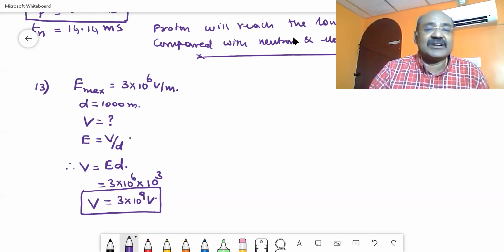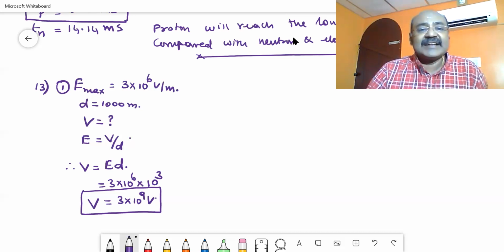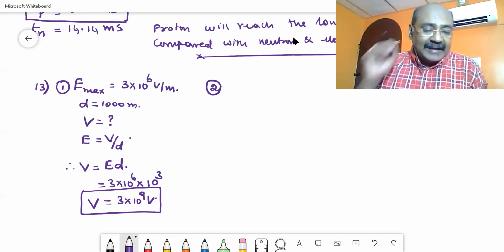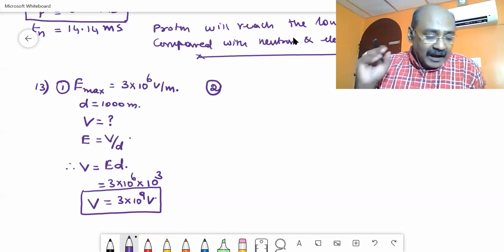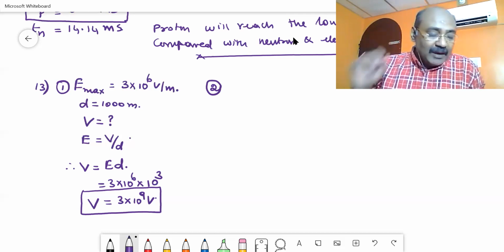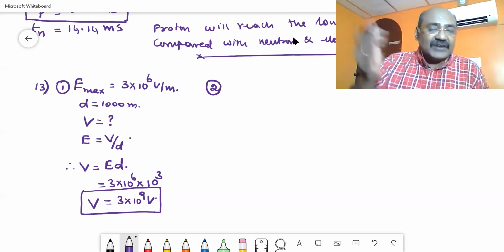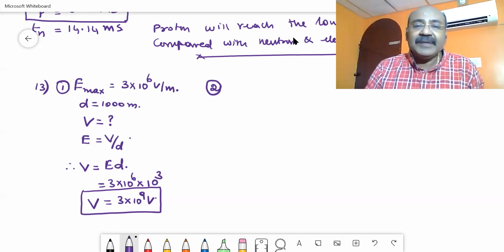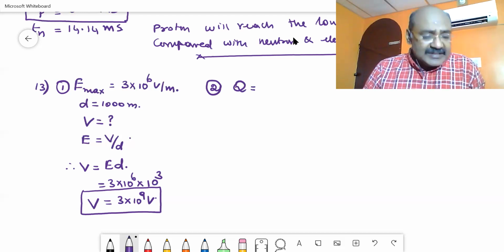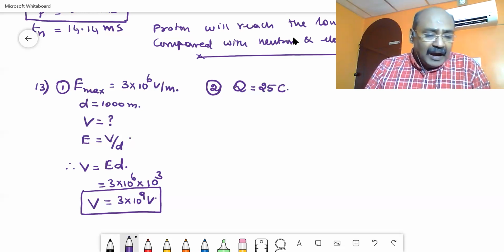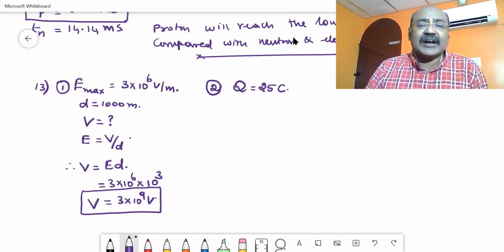What is the second subdivision asked? In a typical lightning phenomenon, around 25 coulomb of electrons are transferred from cloud to ground. So the amount of charge transferred, let us consider it as Q, is 25 coulomb. Then, how much electrostatic potential energy is transferred to the ground?